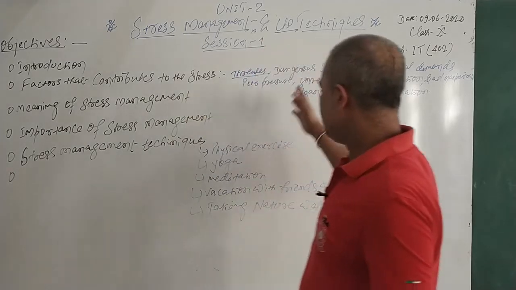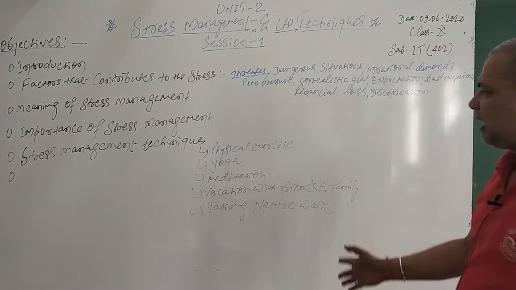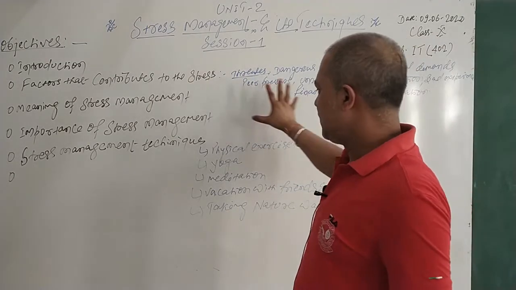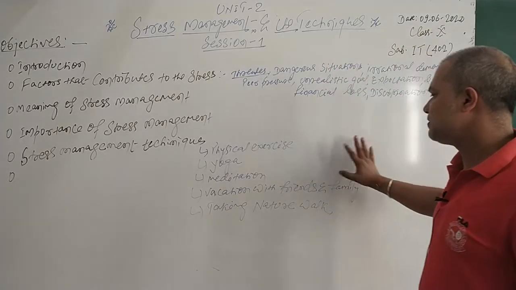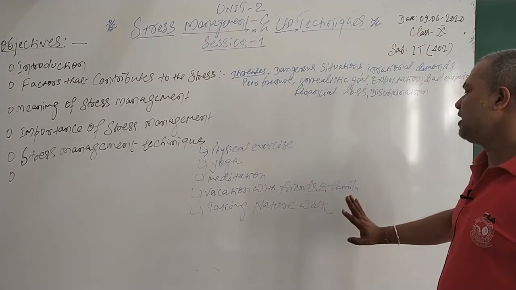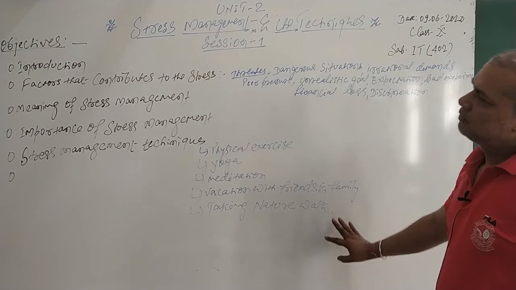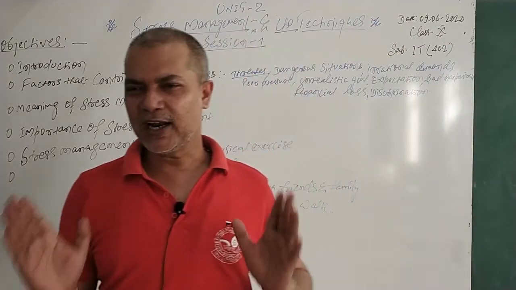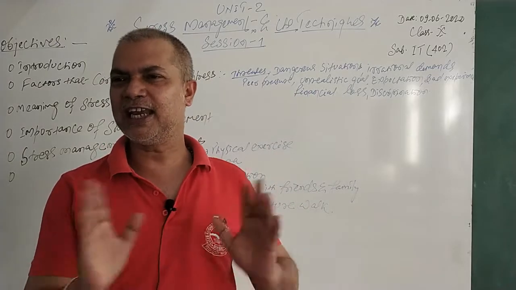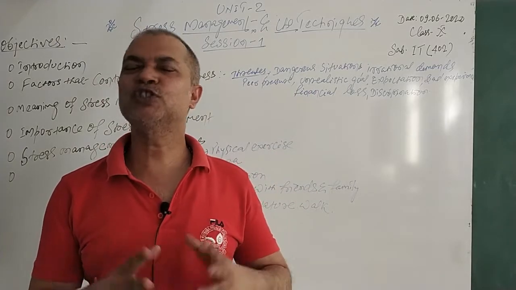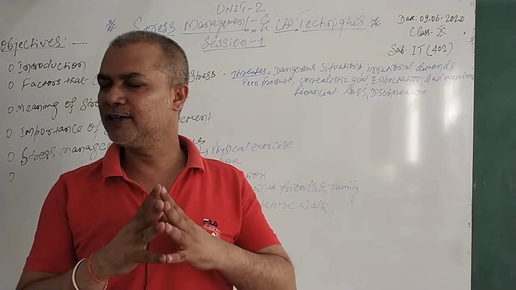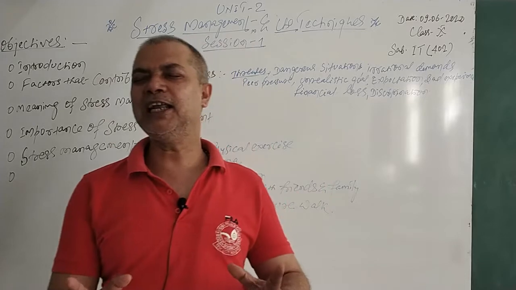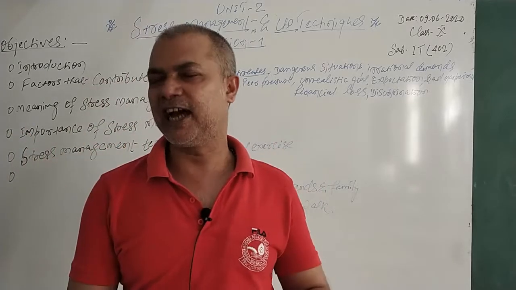And then the different techniques that we can apply to reduce stress, like physical exercises, yoga, meditation, vacation with friends and family, and taking nature walks. So always exercise at least 1 hour or half an hour in the morning and evening. I hope there is no chance of any stress if you are doing it devotionally, dedicatedly, completely, only at that time.